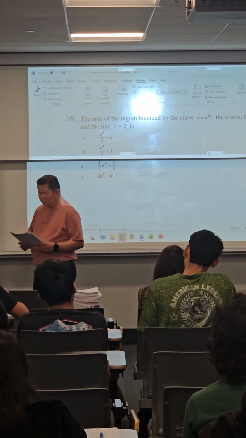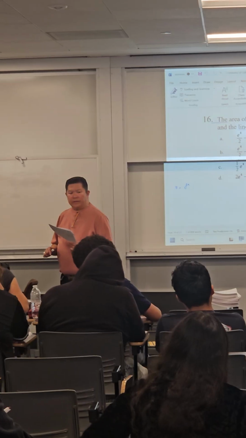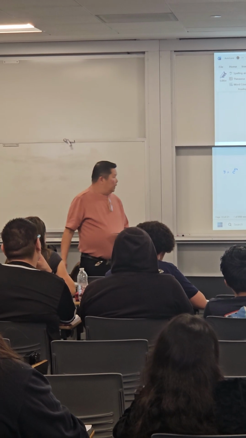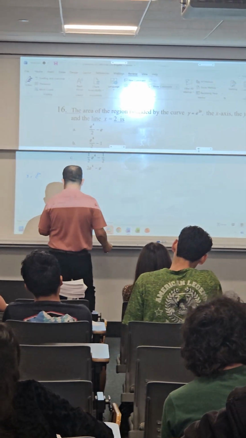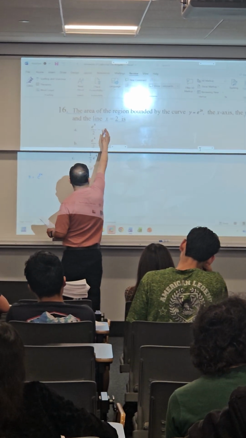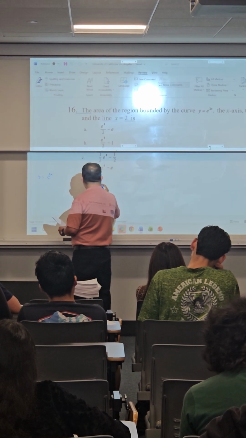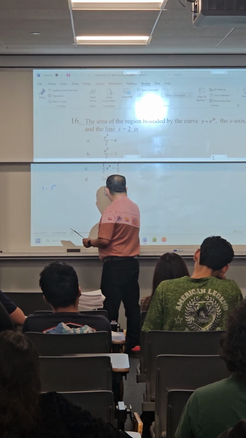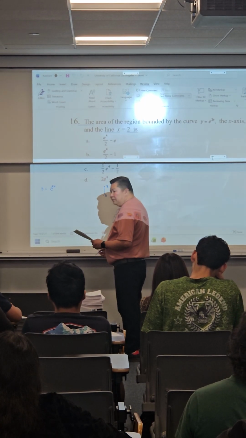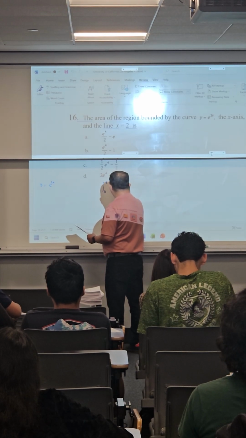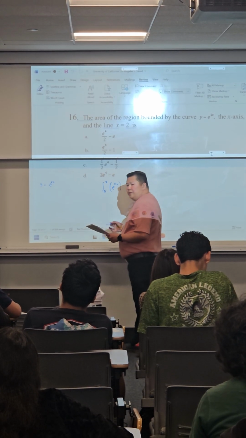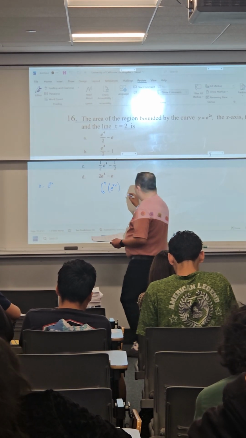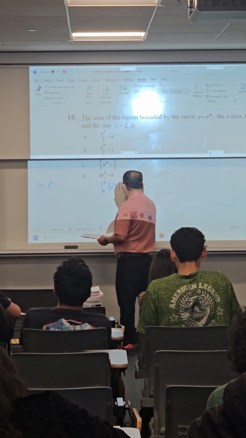Can you recall what we were doing in chapter 6? Because if we do this one, we interpret this as the integral from 0 to 2 of e to the power of 2x, and then minus 0, the g of x, the line y equals 0, so I'll just say dx.